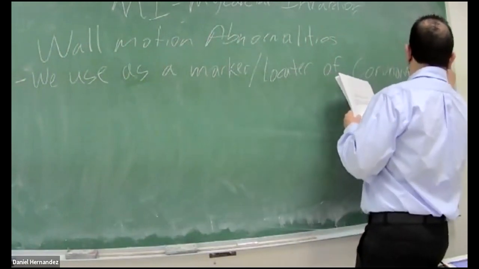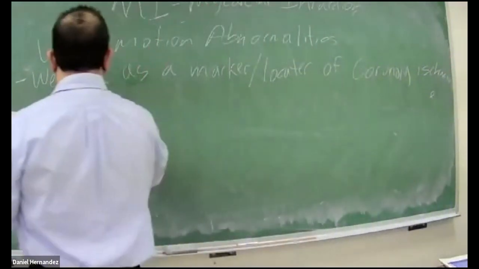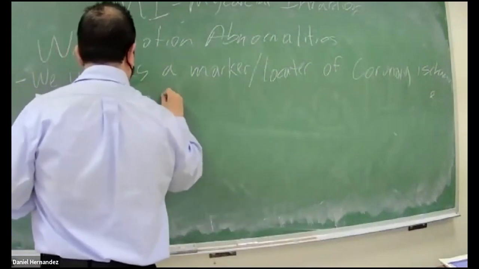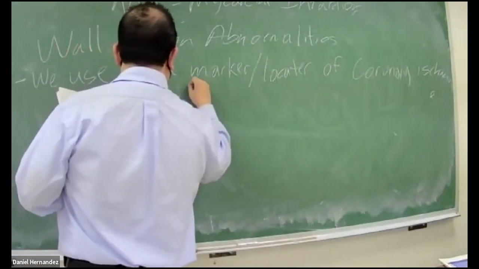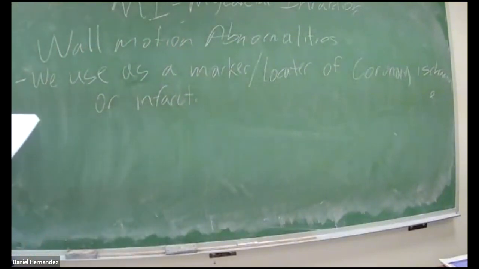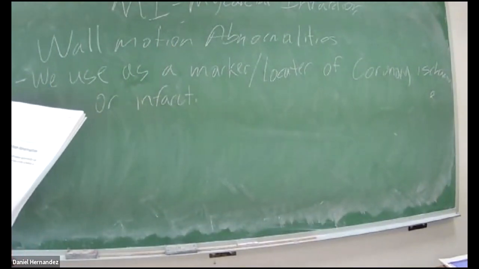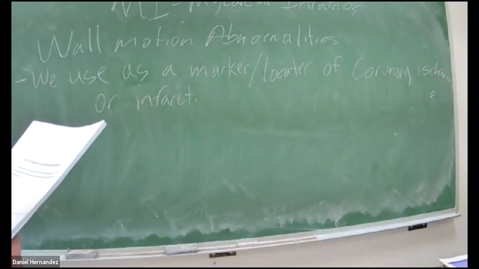So we're using our wall motion abnormalities to kind of tell where along that coronary artery the blockage is, which artery it is, kind of get an idea.